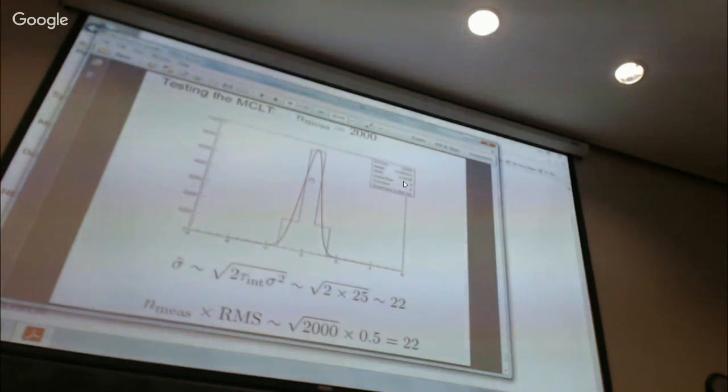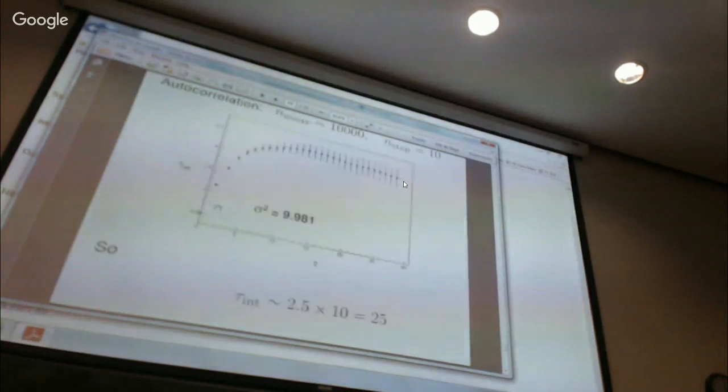I can also calculate the width of this sample mean, and it's exactly what I would have expected from the M-dependent central limit theorem. So if I just take the square root of 2 times tau int times sigma squared, sigma squared is about 10. I just measured that. That's the ordinary variance.